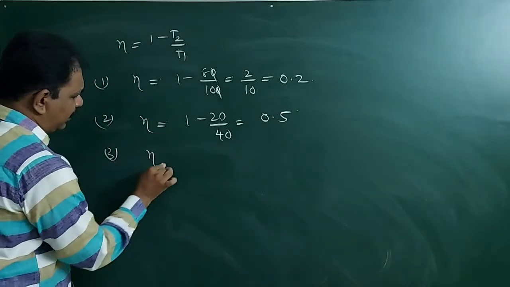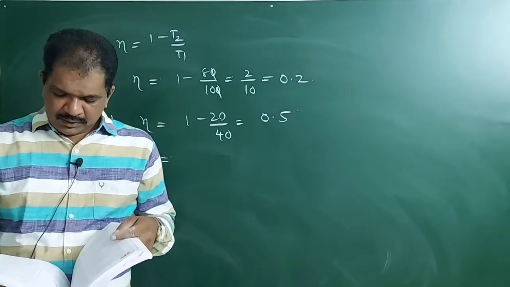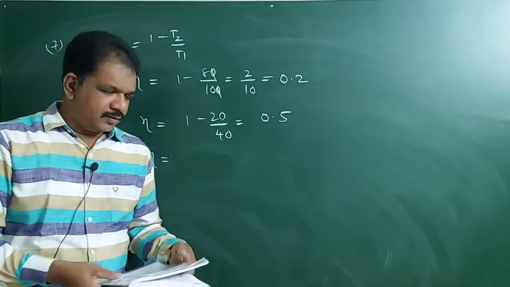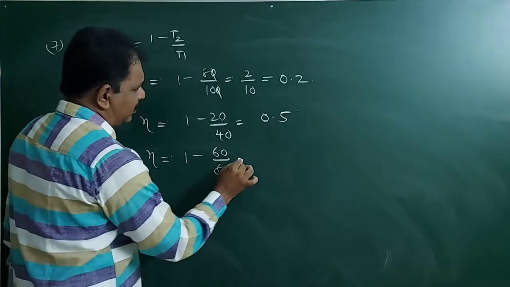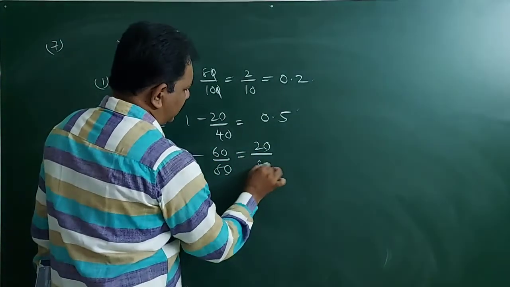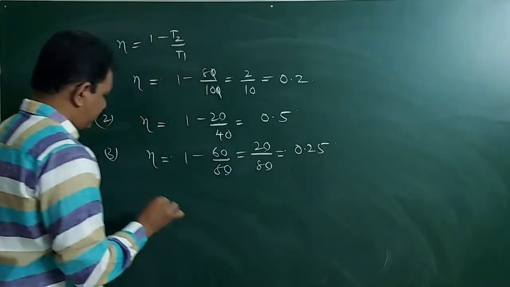Third option, eta is equal to 1 minus 60 by 80, 20 by 80, that is 0.25.